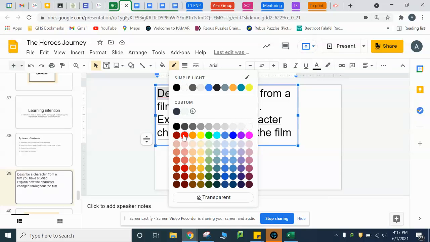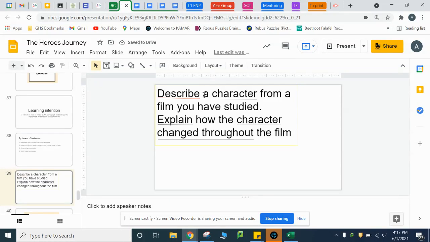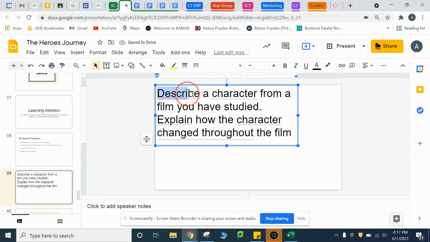It's really important that we know what each of the keywords are in a question.